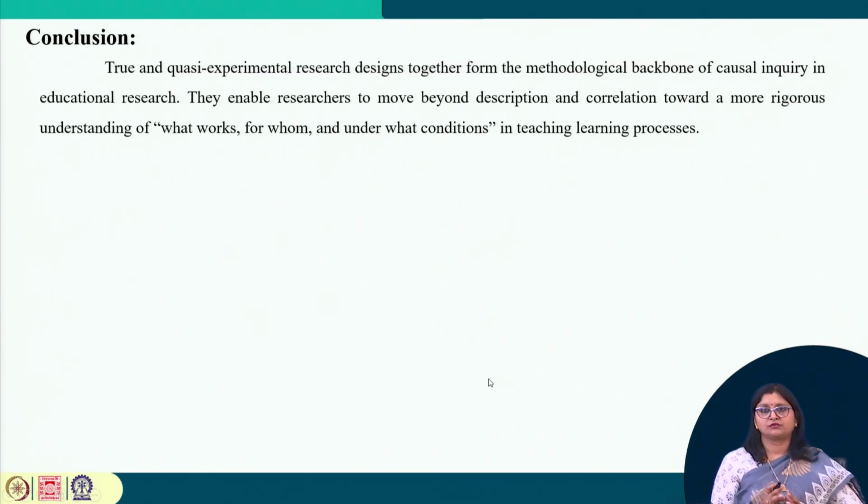Now, we can conclude that true and quasi-experimental research designs together form the methodological backbone of causal inquiry in educational research. They enable researchers to move beyond description and correlation toward a more rigorous understanding of what works, for whom and under what conditions in the teaching-learning process.